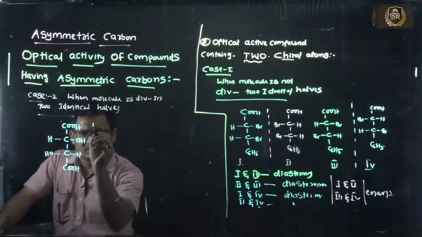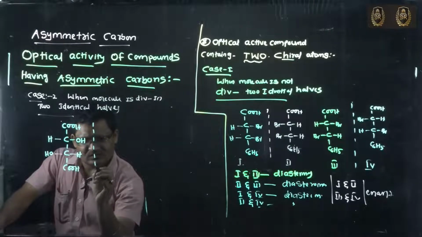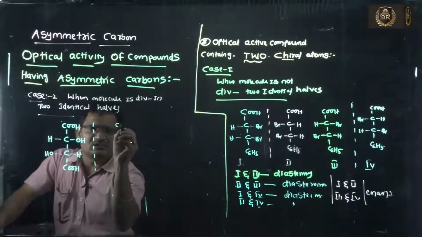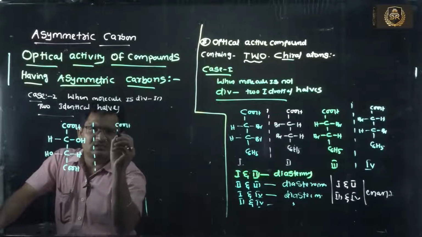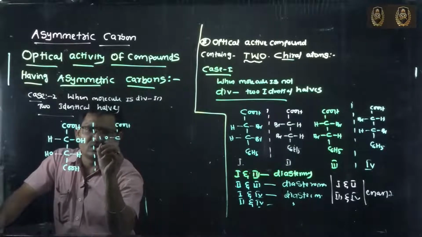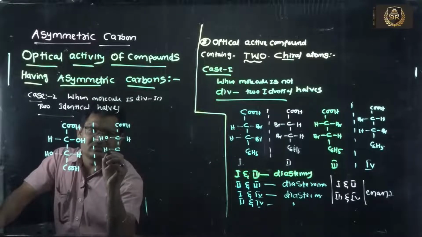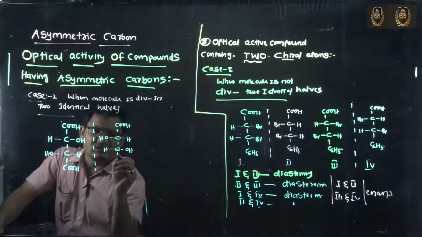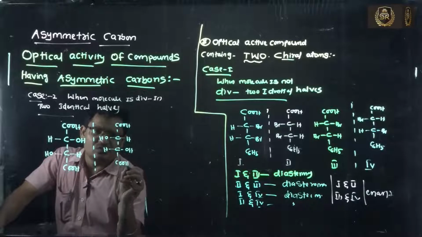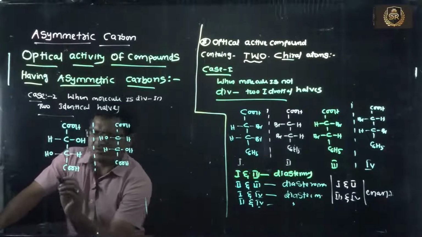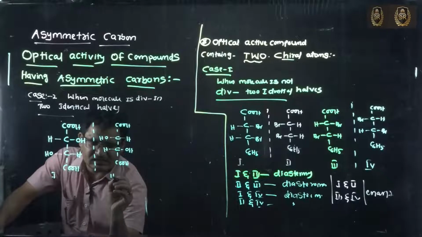What is the mirror image of this one? The mirror image is COOH, then C, this side OH, this side H, this side C, this side H, this side OH, and this side COOH. This is one structure, this is the second one.